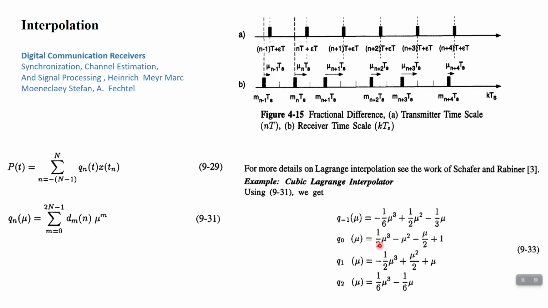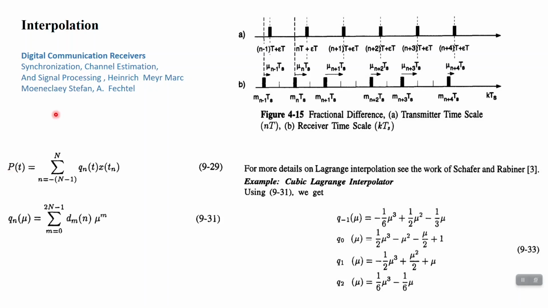This formula is suitable for software implementation. So you can simply calculate the q value by replacing the mu value and using input samples, compute the sigma, yielding the interpolated sample, named here y(t).